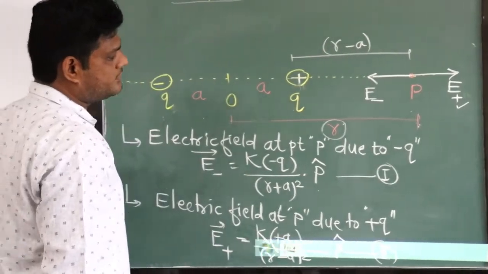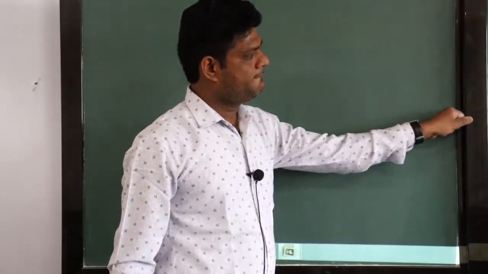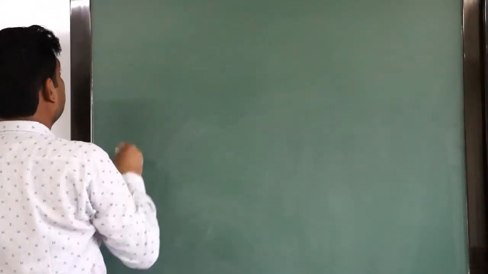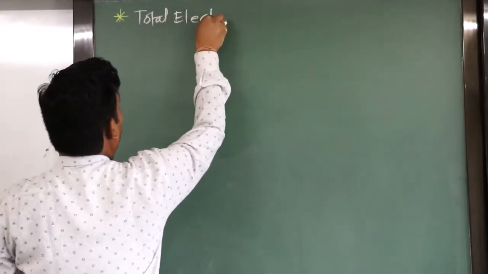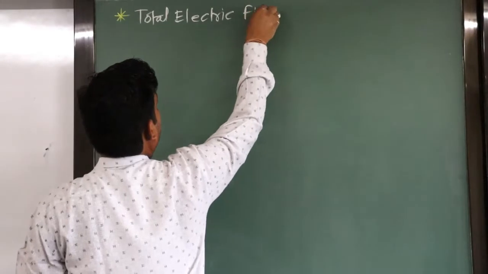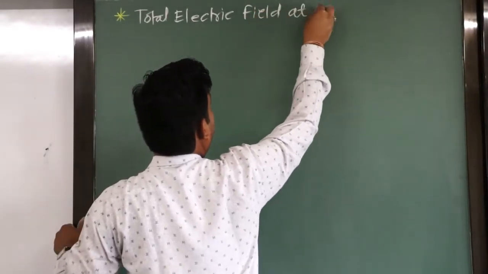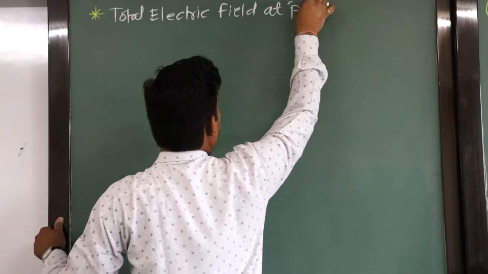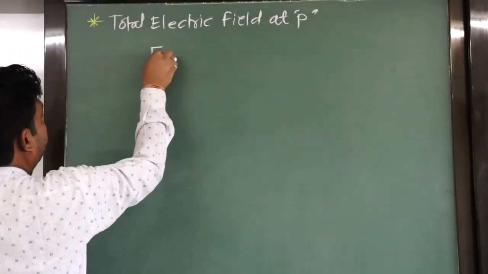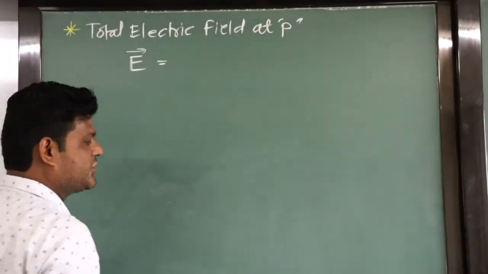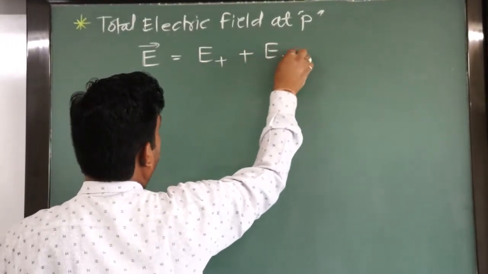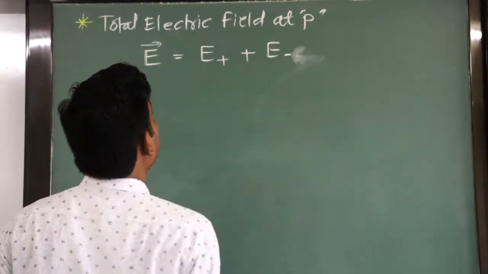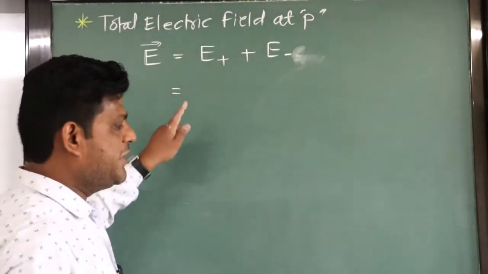Total electric field at P point will be E vector equal to the addition of E plus and E minus, right? So putting all the values, what is the value of E plus?